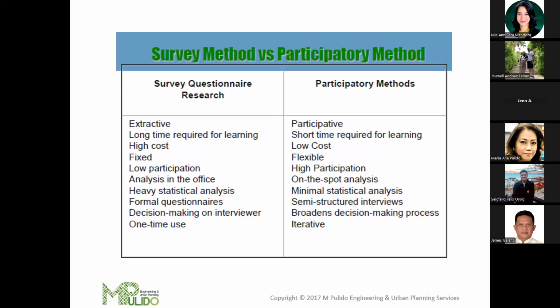So for planners, the choice of method should match the goal. If the objective is precision and breadth, survey methods may be appropriate, but if the goal is local insight, community ownership and actionable planning, participatory methods are often more superior.